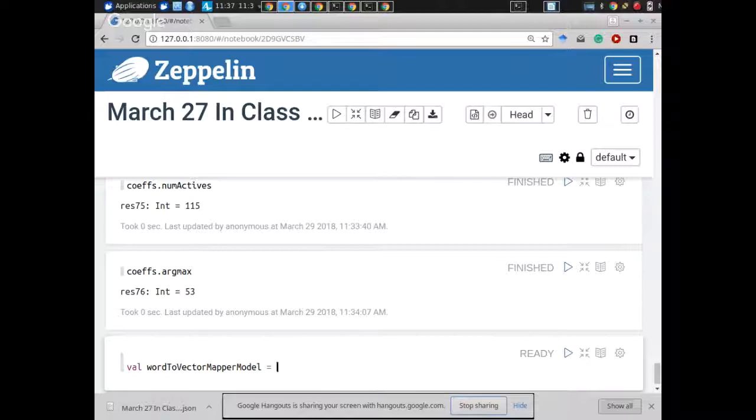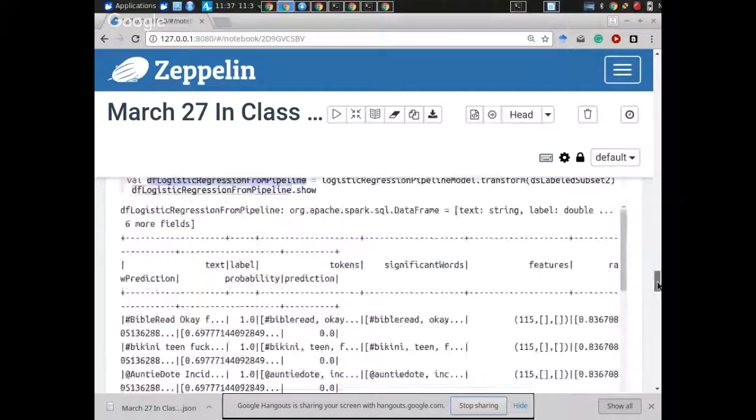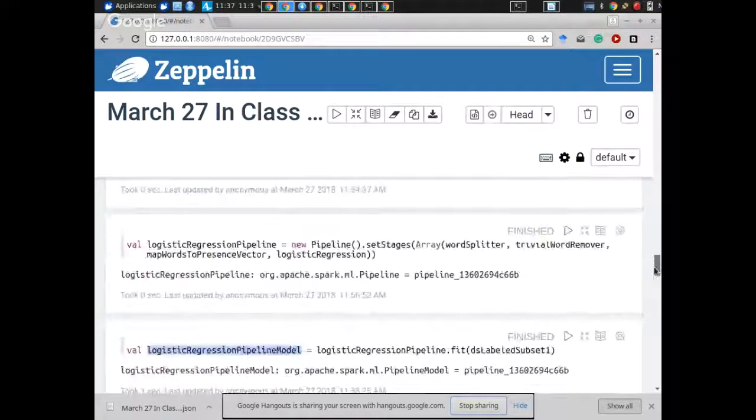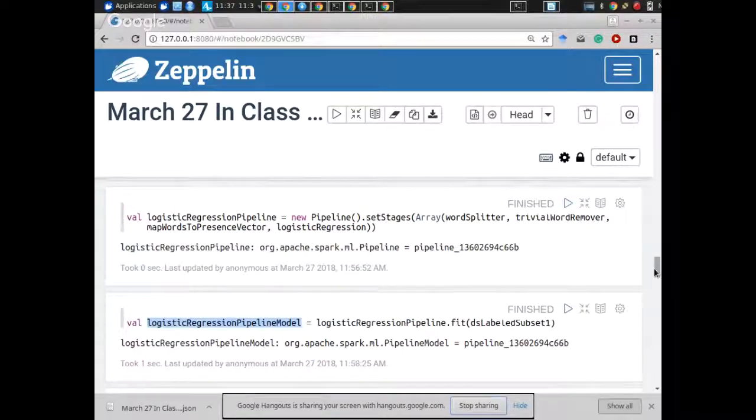Does anyone remember which thing above was used to determine which words are mapped to which components of a vector? Of all these things here, these four, whose job in life was it to say which words are associated with which position in a vector?